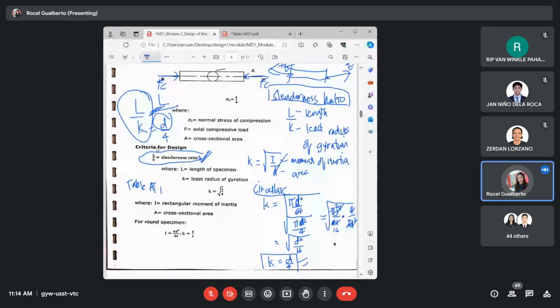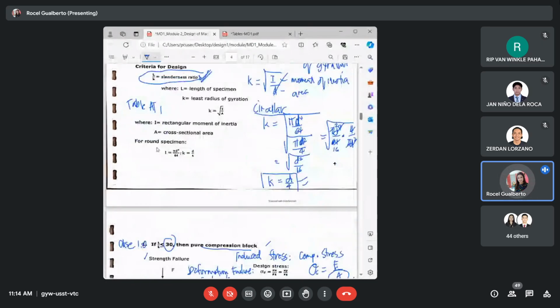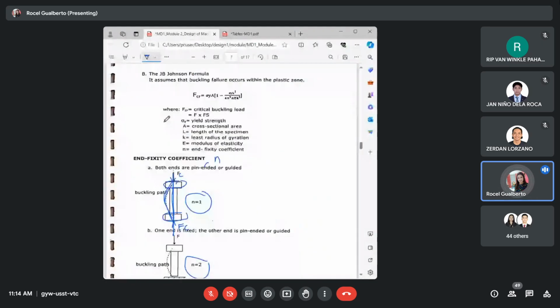Kasi sabi natin doon mag start pero yun naman pala ay unknown din. So ano pong gagawin kaya natin kapag kaganyan yung case natin?